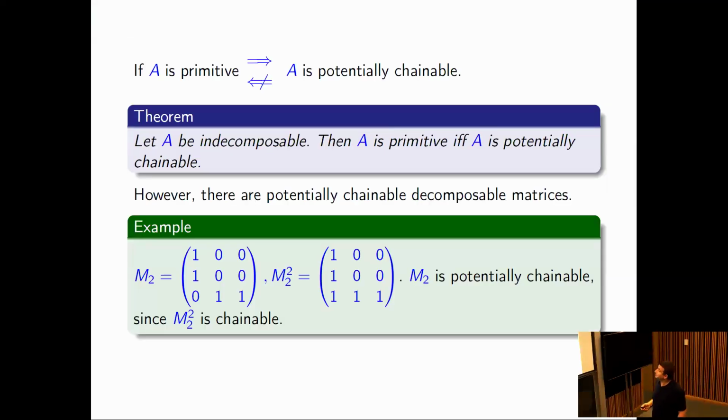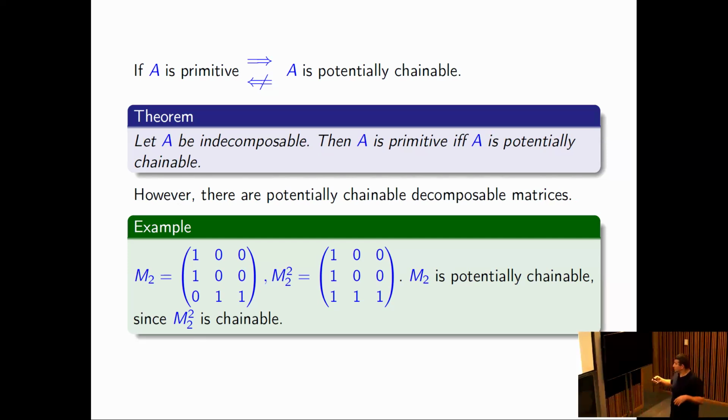Of course, a primitive matrix is potentially chainable, but not the other way around, as the following example shows. But if I am on the set of strongly connected graphs, or in algebraic terms, if my matrix is indecomposable, then primitivity is nothing but potential chainability.